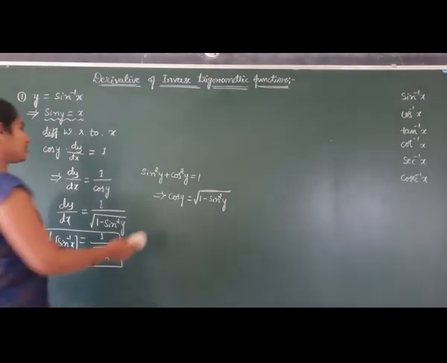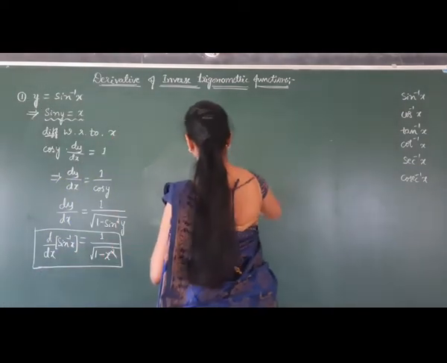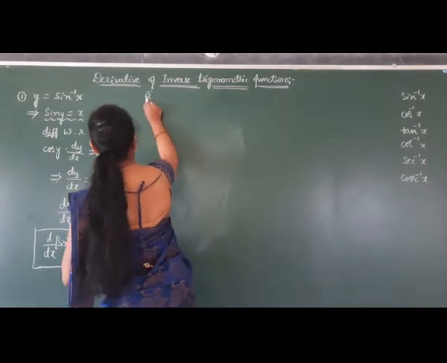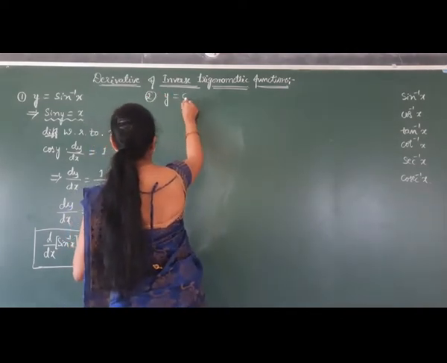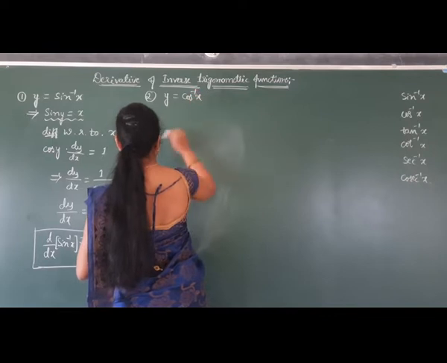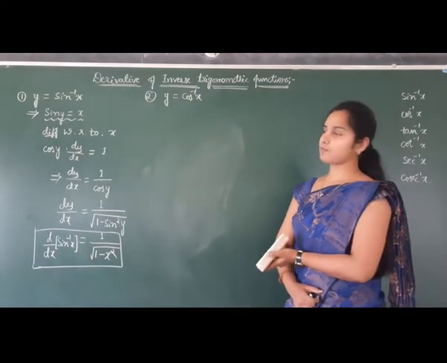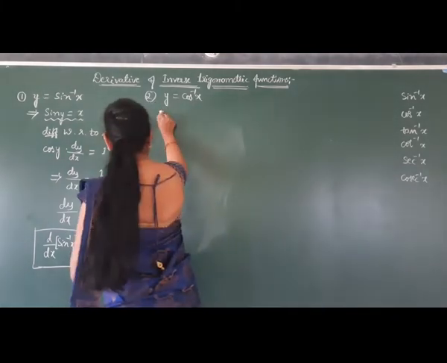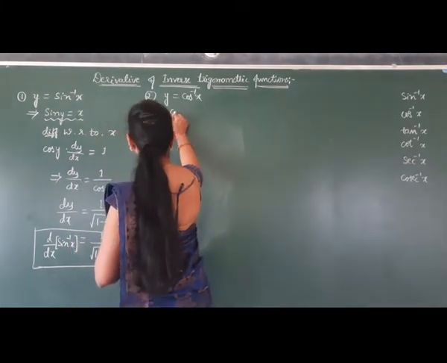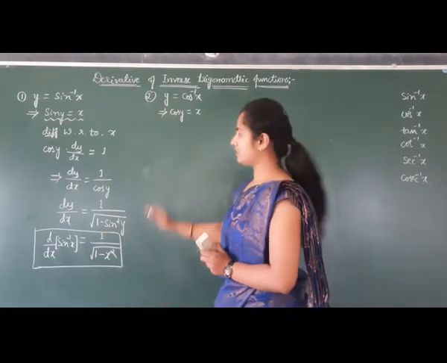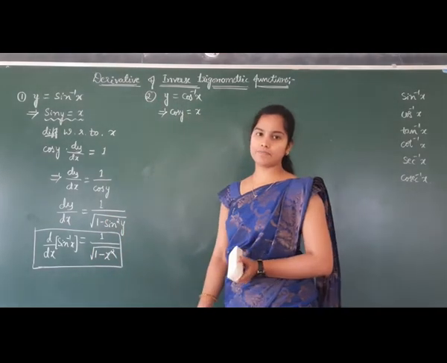Okay? So the next one, y is equal to cos inverse x. This implies cos y is equal to x.